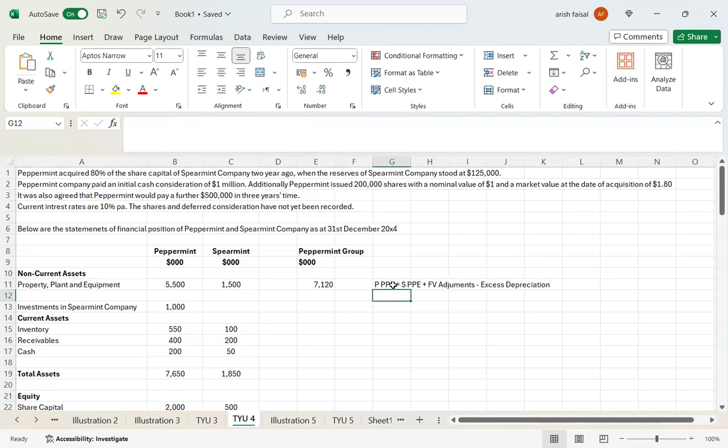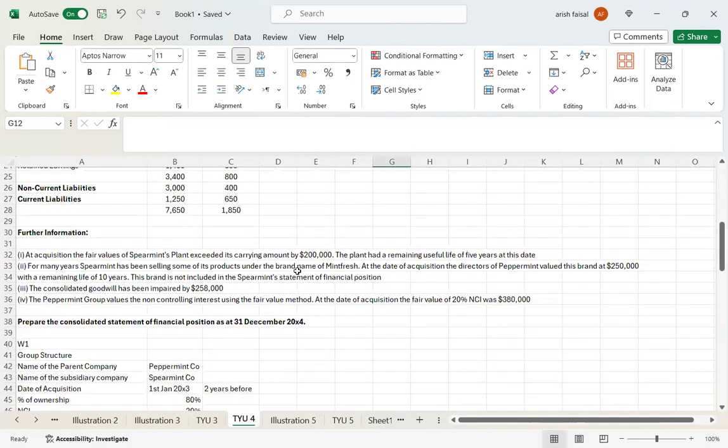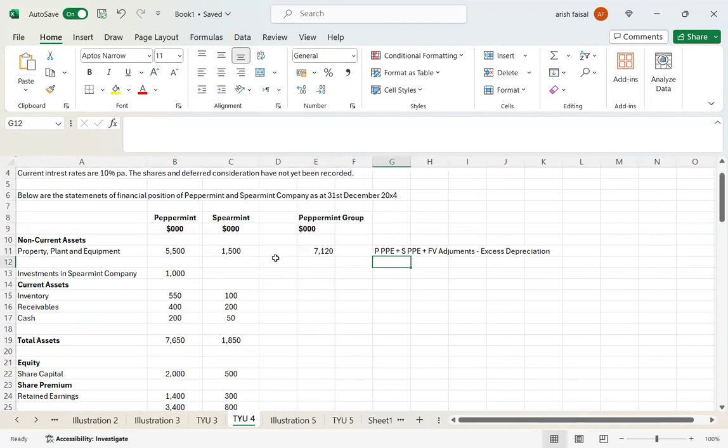If you remember this formula, it could be quite easy for you to tackle an MCQ or Section C constructed response type of questions. But in this case, we also have to record a brand, an intangible asset, right? So we need to include those intangibles.